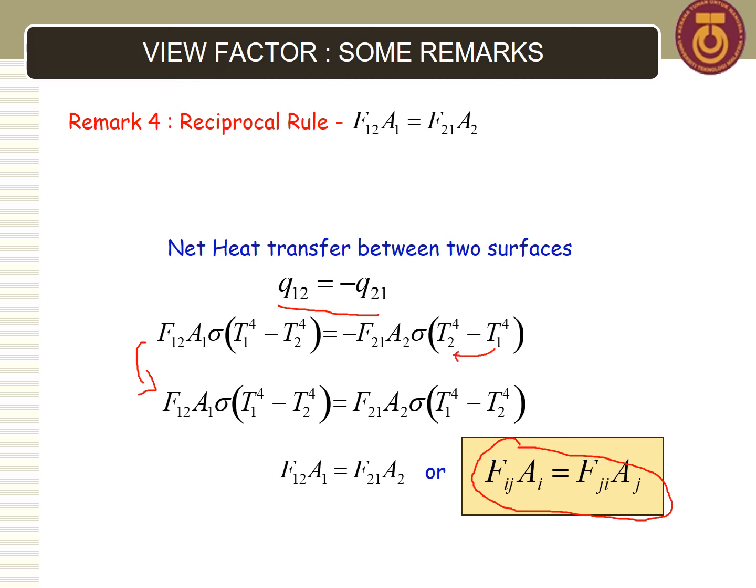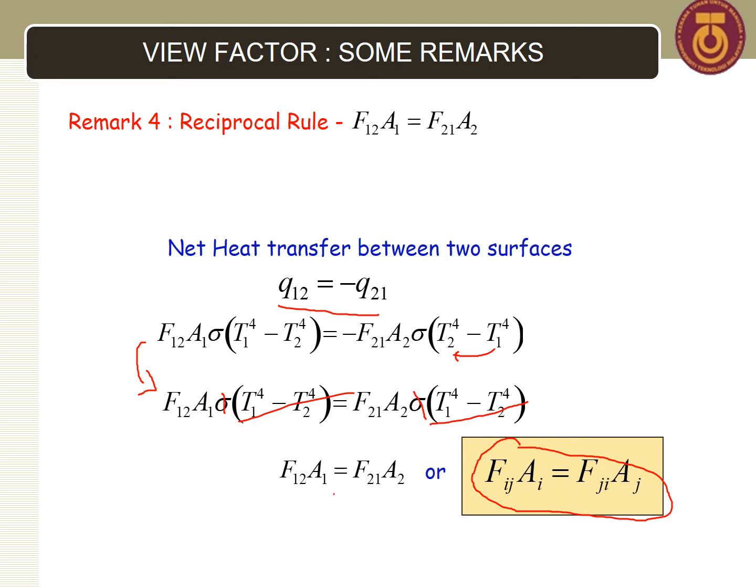Sigma cancels out, and T1 power 4 minus T2 power 4 also cancels. So what is left is F12 A1 equals F21 A2.